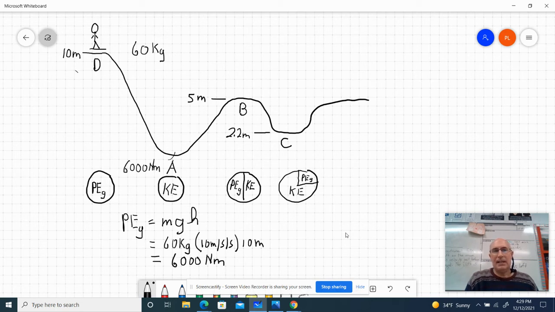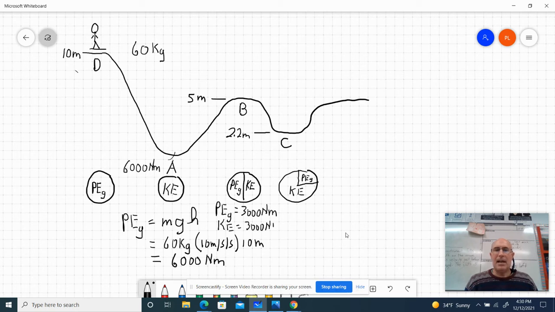Well, half of the 6,000 Newton meters that it was at the start. Half of 6,000 is 3,000. So, gravitational potential energy here at point B is going to be 3,000 Newton meters. But the other half of the pie is kinetic energy. And that must be 3,000 Newton meters also, then, at that spot. Okay, so we're going to write that.